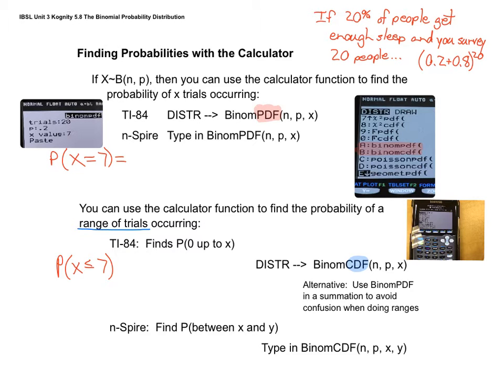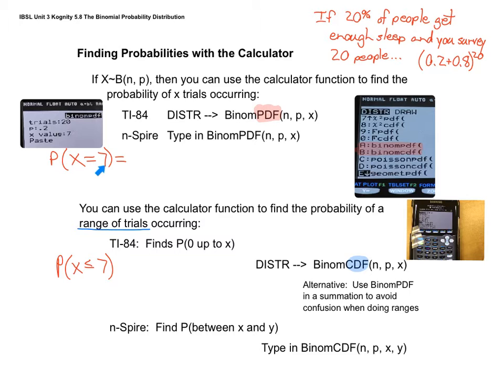When I type in binomial PDF, it gives me this little menu of trials. What's your P? The P is the probability of what you want to find. We want to find the probability that X equals 7. This is the probability of getting exactly 7 people out of the 20 who actually do get enough sleep.